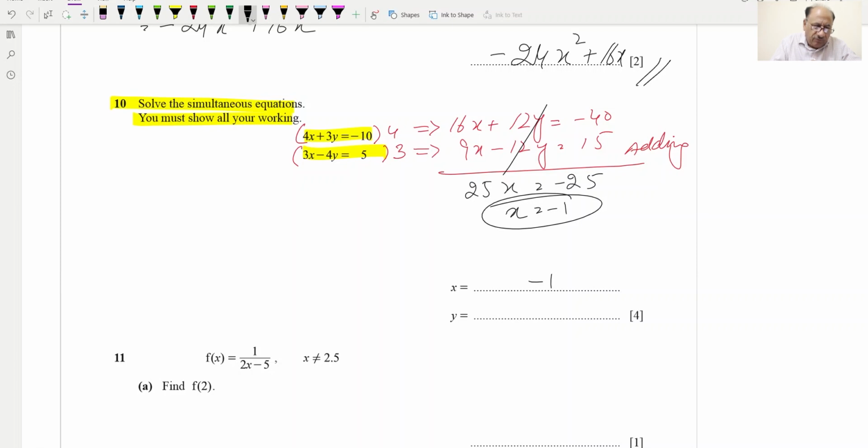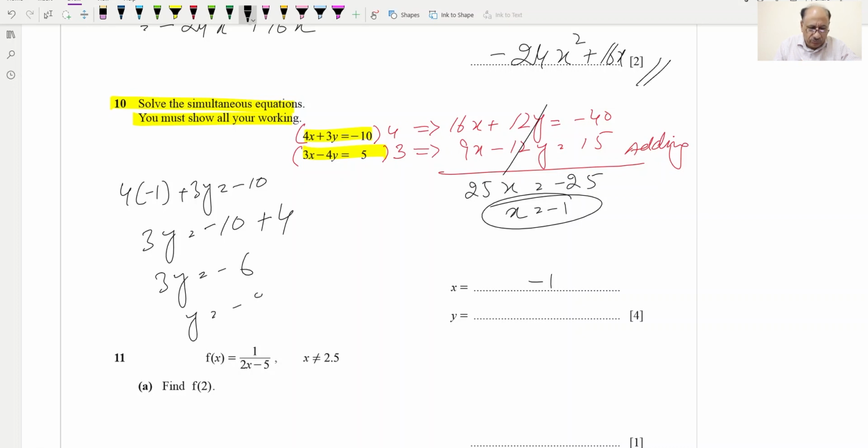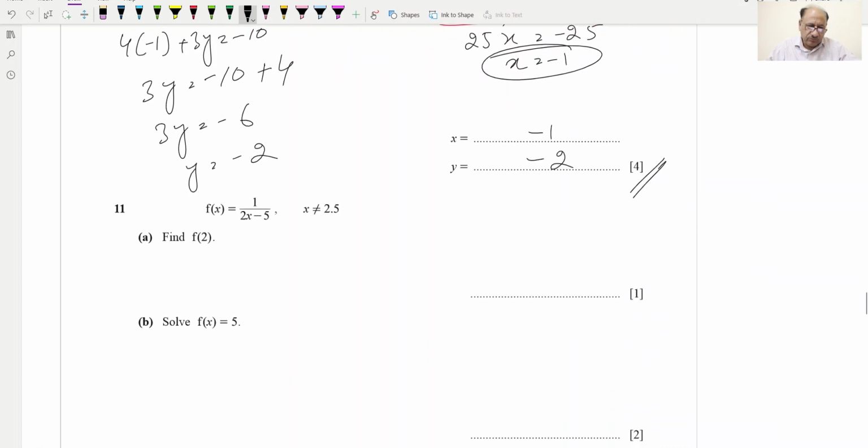I'm replacing in the first one, so 4 into minus 1 plus 3y is equal to minus 10. So this is equal to minus 10, and 3y will be equal to minus 10 and plus 4, and 3y is equal to minus 6, so y is equal to minus 2, so minus 2, and this will be 4 mark question which we are done with.